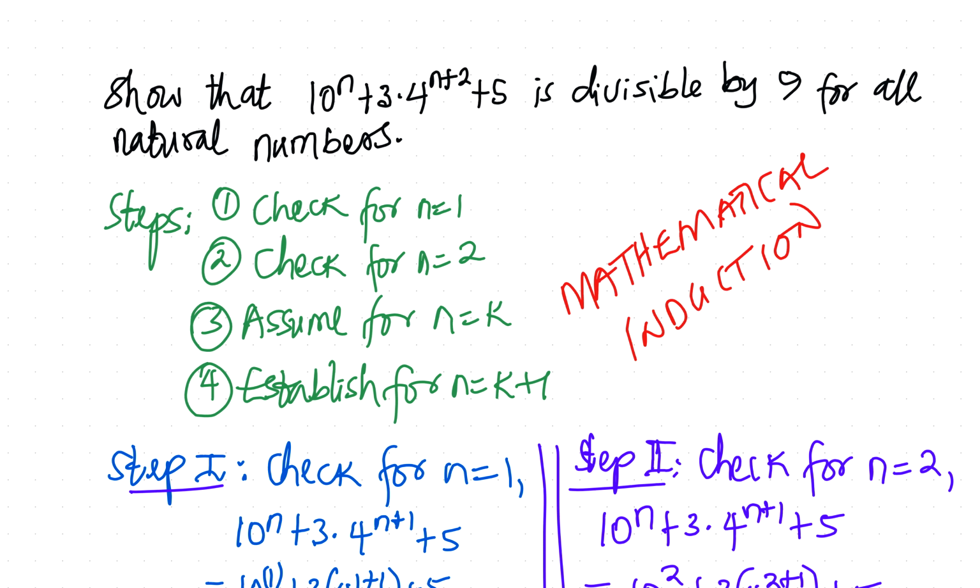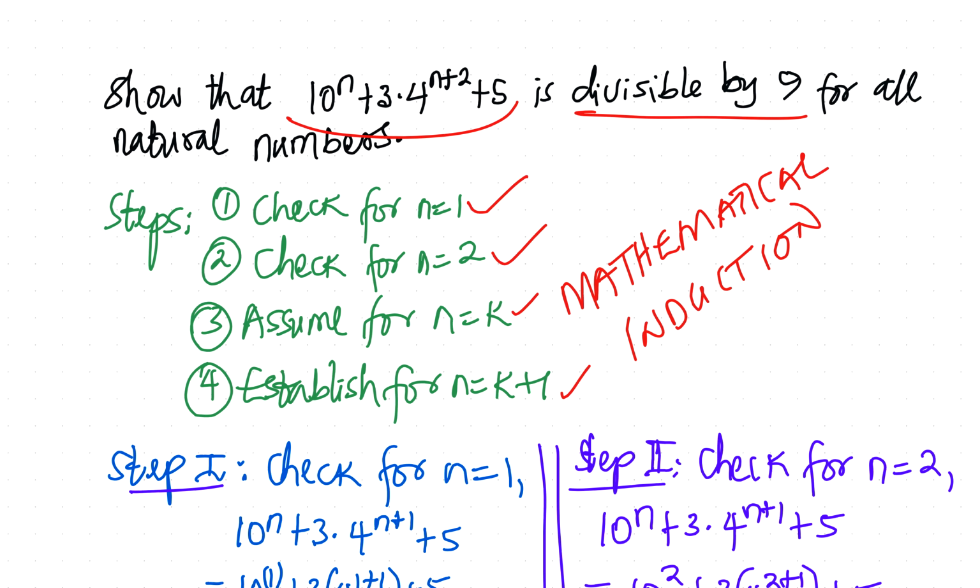That means for this expression, put 1 for n, evaluate it and see if the result is divisible by 9. Then do the same for n equals 2. Then when you get to n equals k, just assume, because there's no other way to establish that. So you assume for n equals k, and then you establish for n equals k plus 1. If you're wondering what that is, let's get into it and see what it looks like.